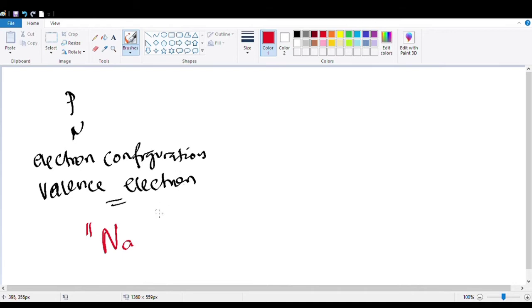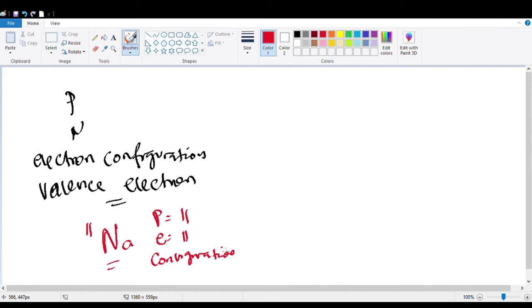So if the element has an atomic number of 11, it means the proton of this element is 11 also, and so does the electron. The number of protons is the same as the number of electrons, since this element in the periodic table is neutral.